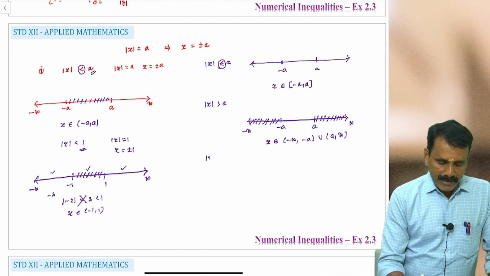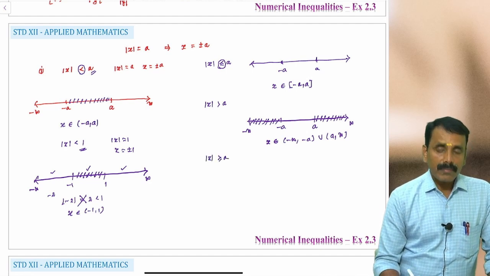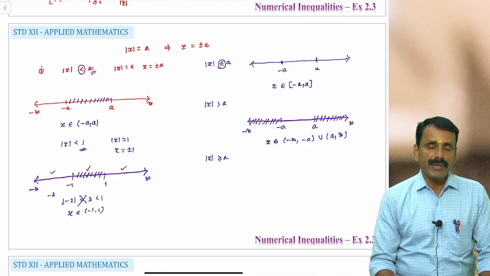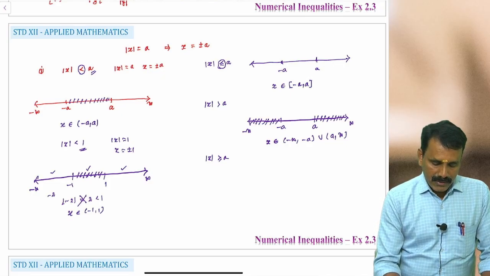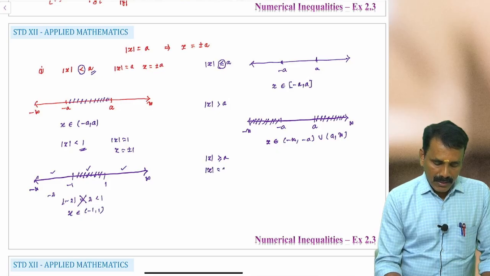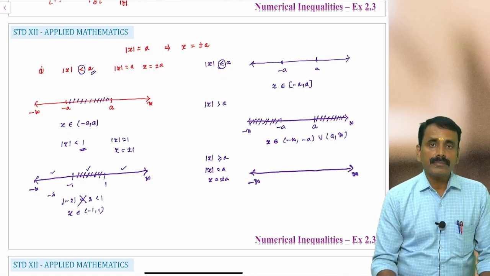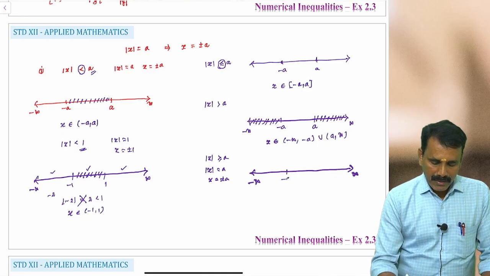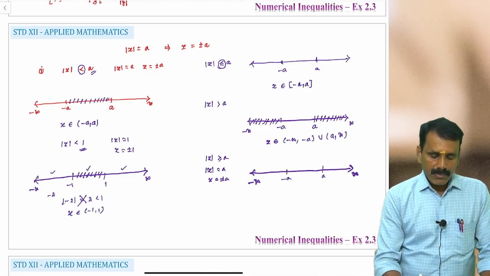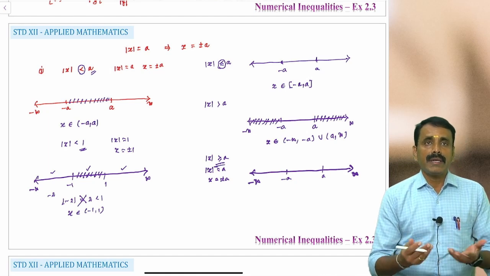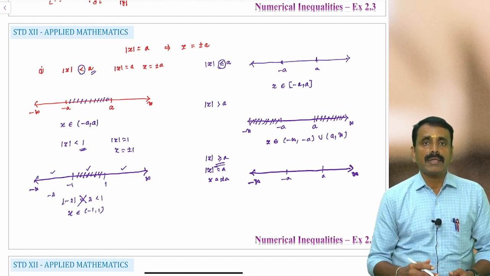What happens when mod x is greater than or equal to a? The same thing, the endpoint should be included except for infinities. So when you take mod x is equal to a, we get the values as x is equal to plus or minus a. So we cut the real number system, minus infinity to plus infinity. We take minus a and plus a. Because mod x is greater than or equal to a, your positive value of x should be greater than a.